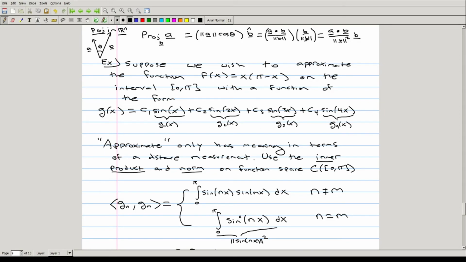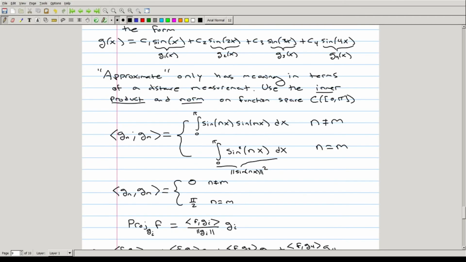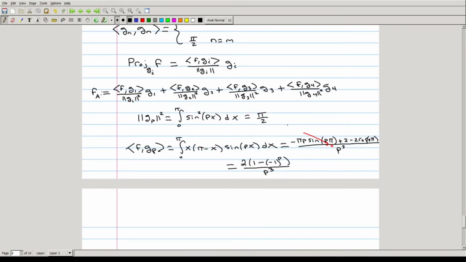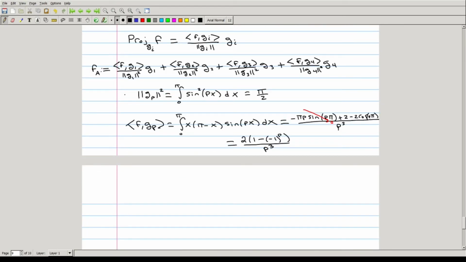It's actually onto a 4-dimensional subspace of this infinite dimensional vector space of continuous functions, where each one of these values, this is C1, this is C2, this value right here is C3, and this coefficient right here is C4.